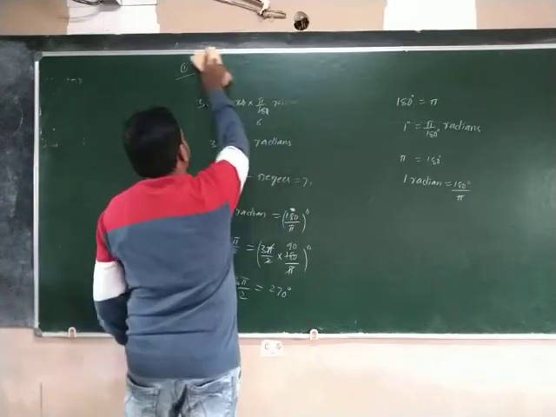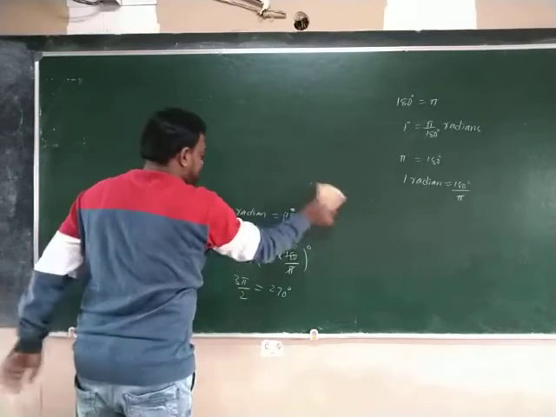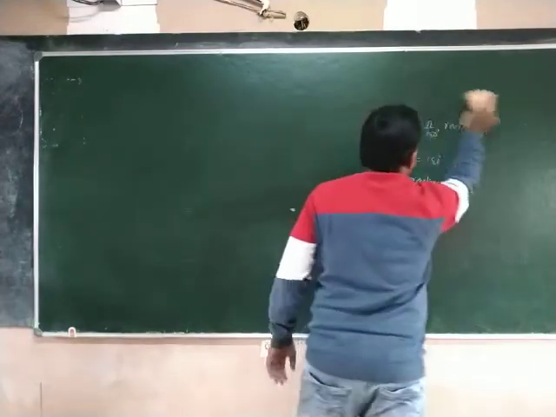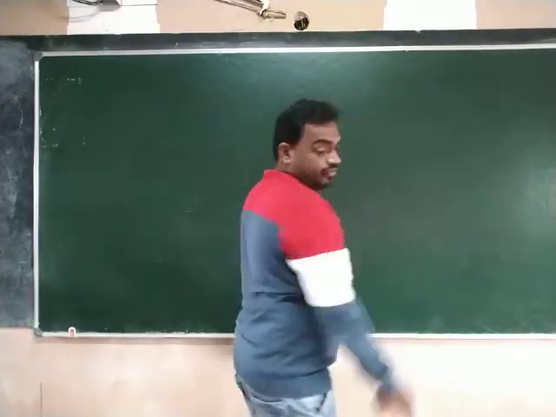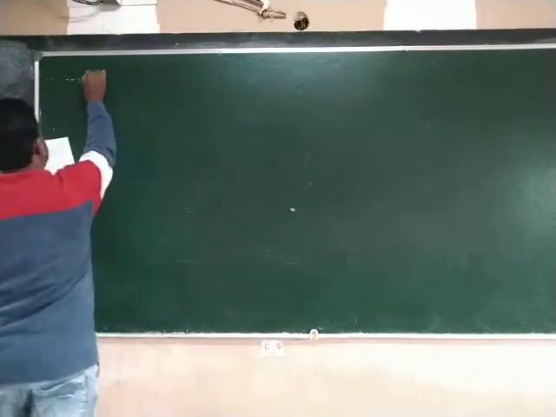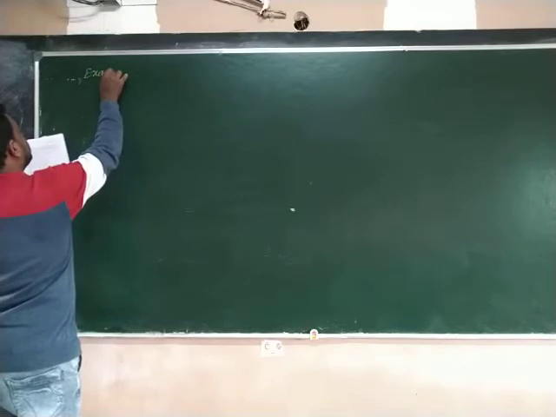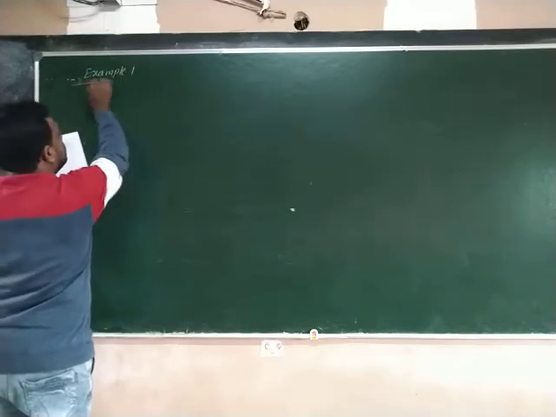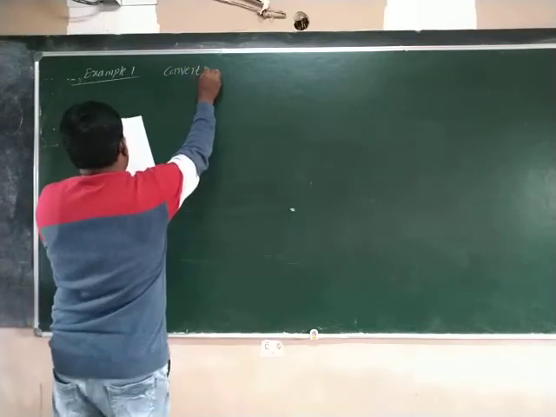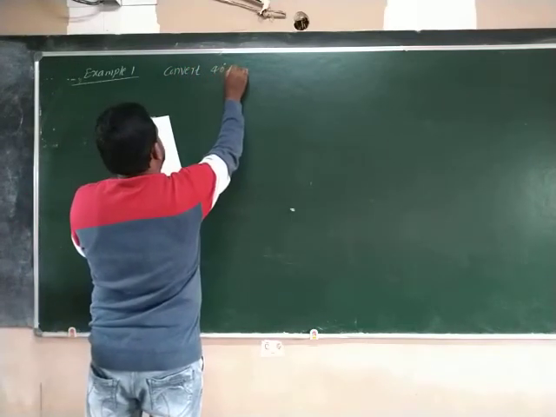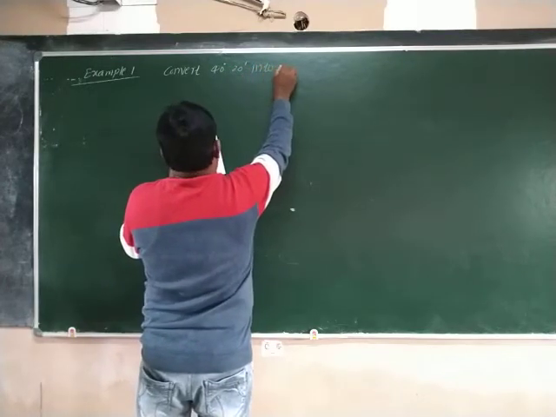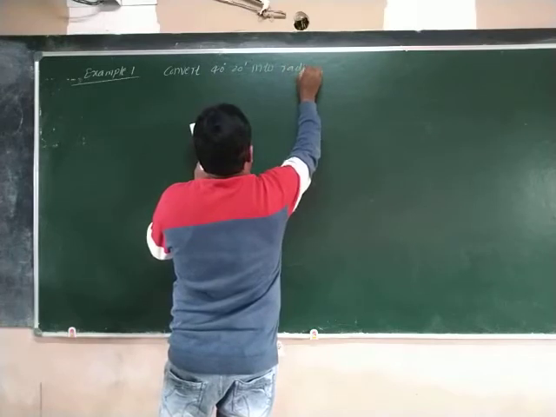Now we will solve some example problems. Example 1: Convert 40 degrees 20 minutes into radian measure.